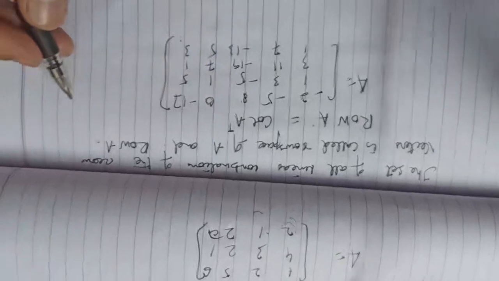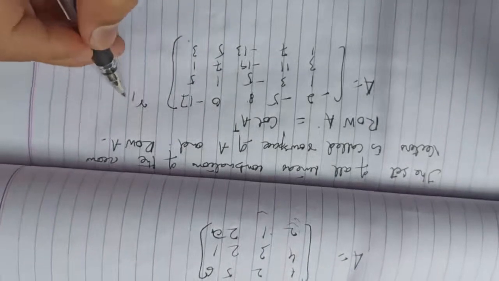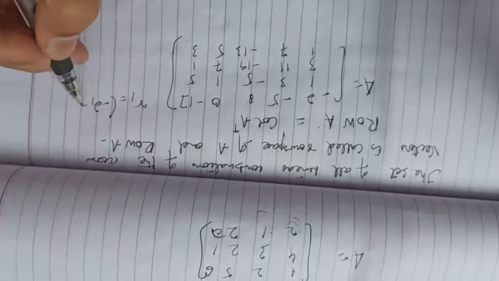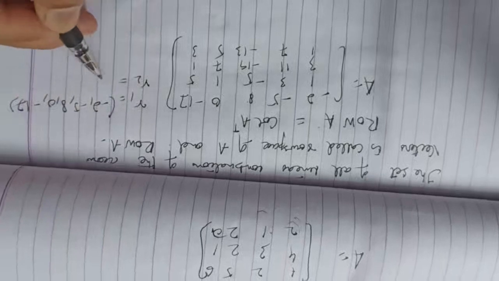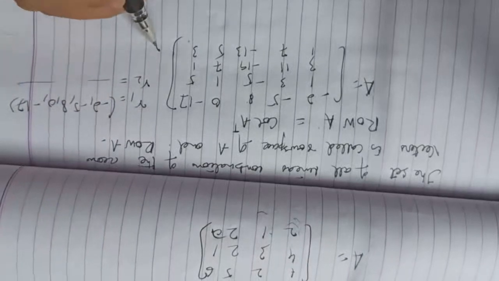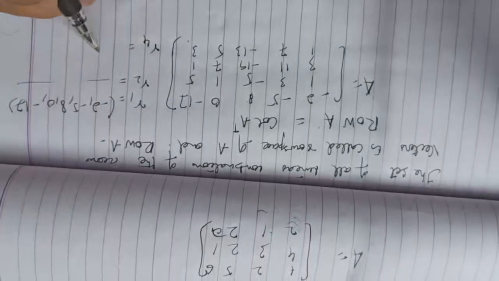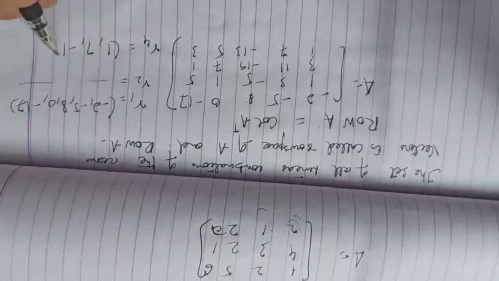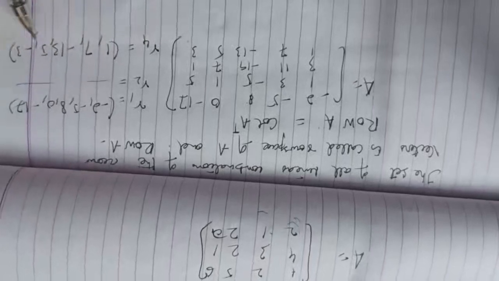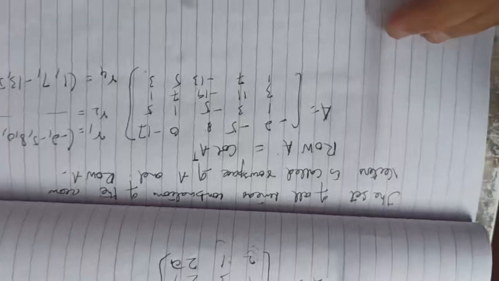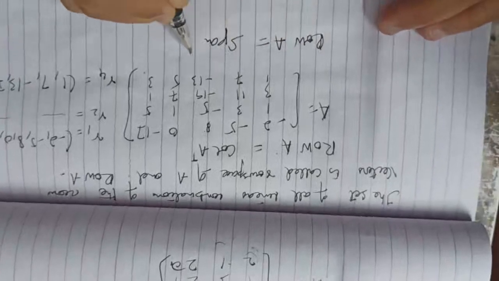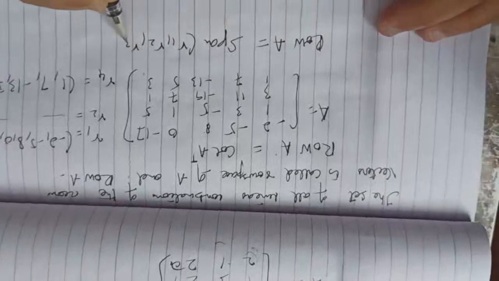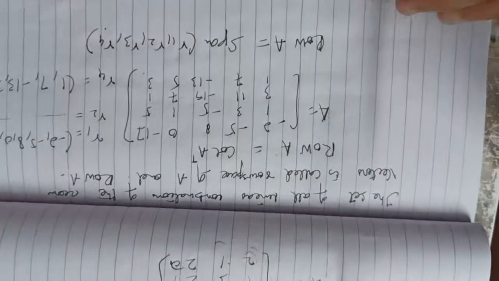We can see the row vectors are R1, R2, R3, and R4, where R4 is 1 7 minus 13 5 minus 3. So the row space of A is nothing but the span of R1, R2, R3 and R4.